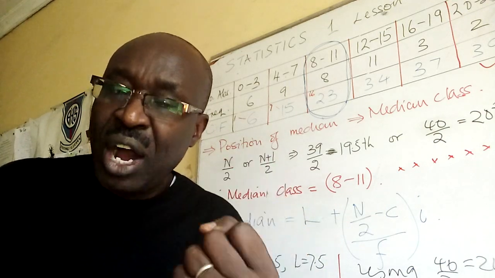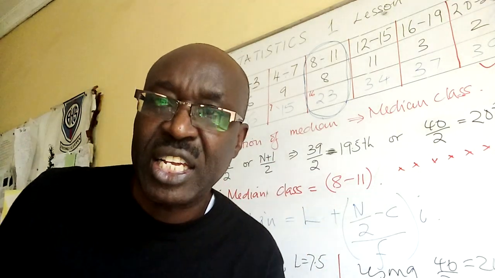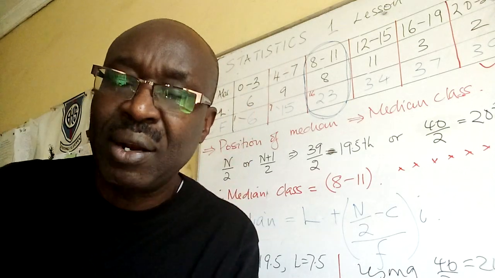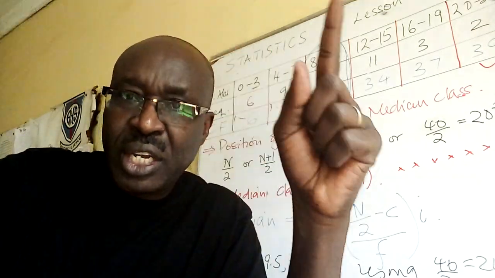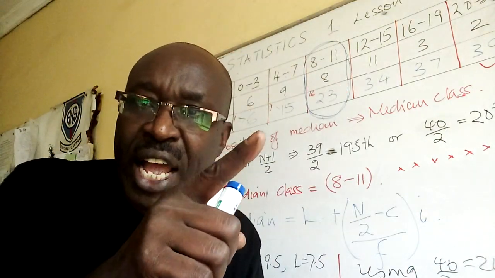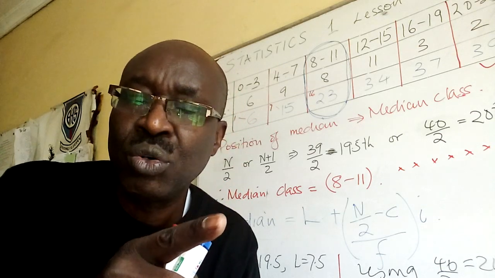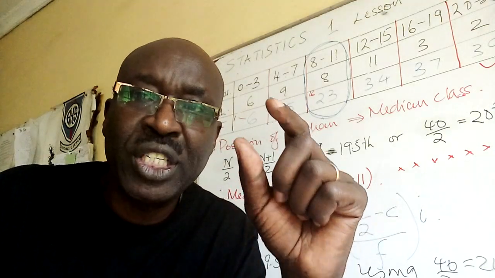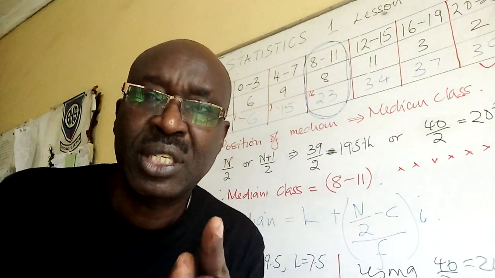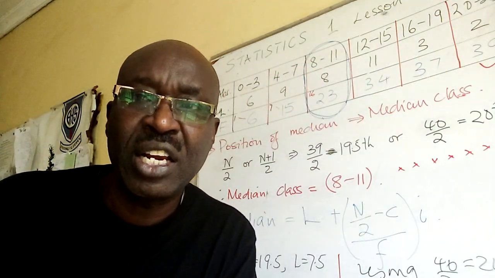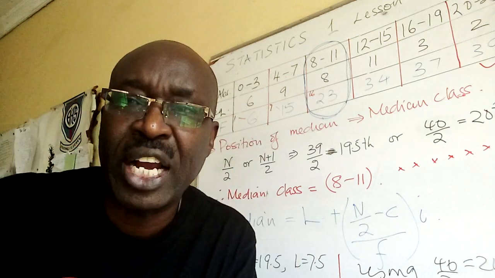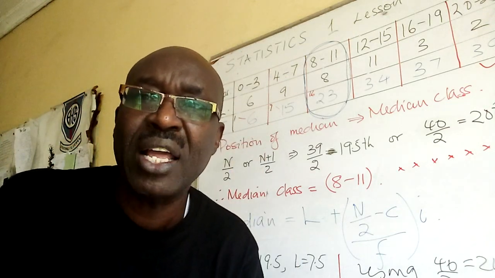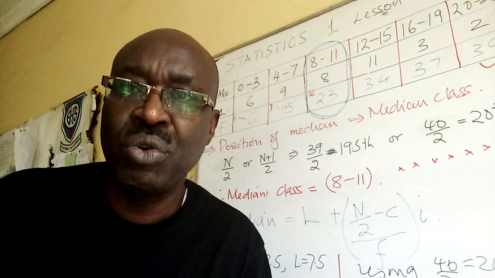Then you have to remember median is equal to capital L plus, in bracket, n over 2 or n plus 1 over 2, which is done side work. Subtract C divided by F. I've finished with the bracket. We multiply by i, which is the width. What do? Count.